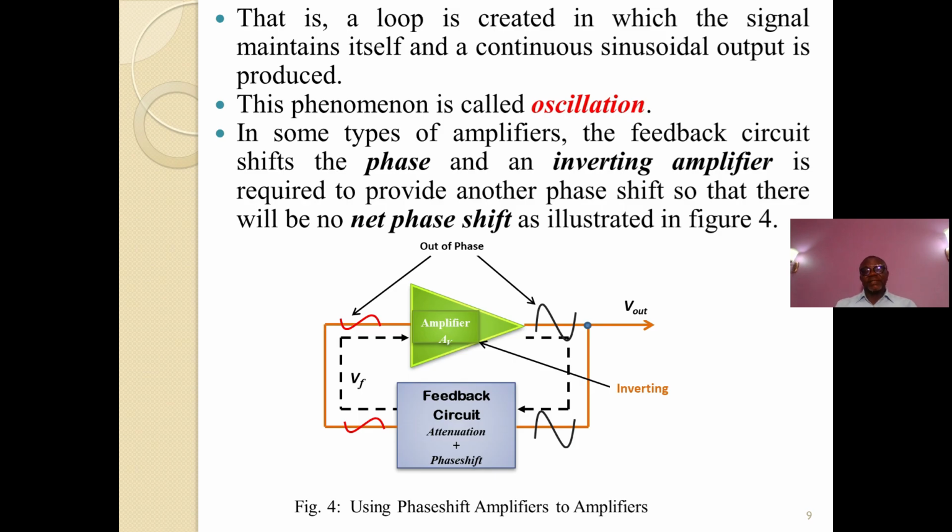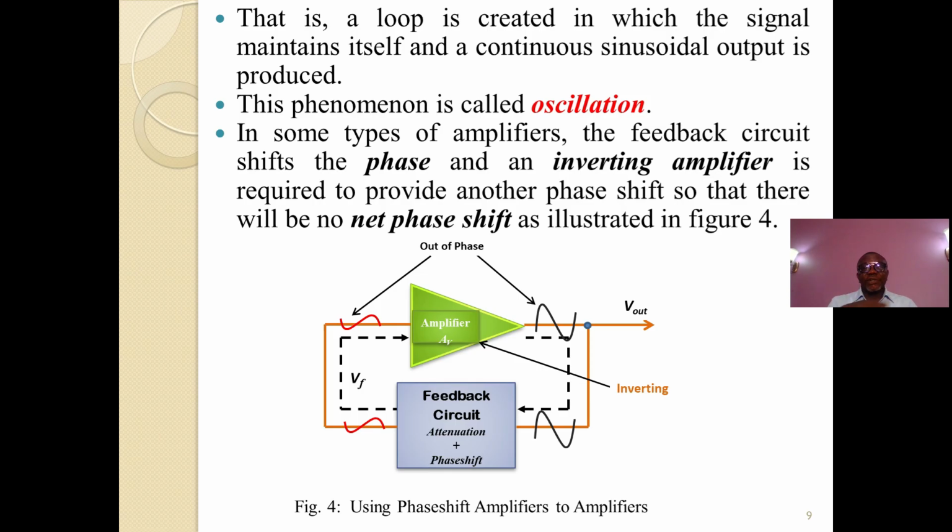So we are saying that when an amplifier is an inverting amplifier, what is coming out will be out of phase. So you need an inverting amplifier so that by the time that signal is fed back, it will invert it back to what it's supposed to be.